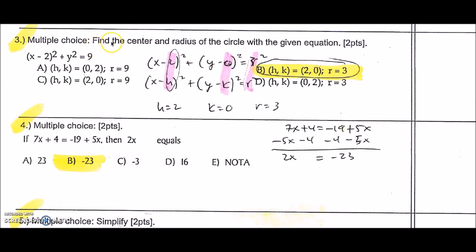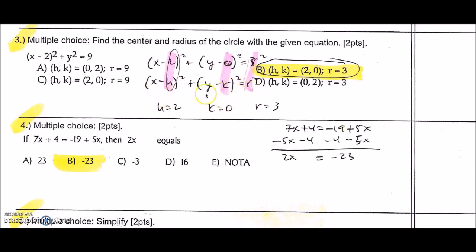Question number 3 says, find the center and radius of the circle with a given equation. So the first thing I'm going to do is I have the x minus 2 squared plus y squared. So the y squared doesn't have a constant with the parentheses. You can just put it minus 0 equals, I changed 9 to be 3 squared because in standard form of a circle, it's x minus h squared plus y minus k squared equals r squared.